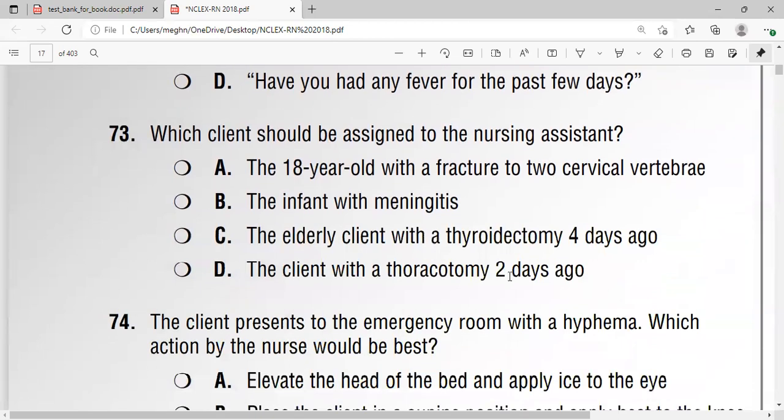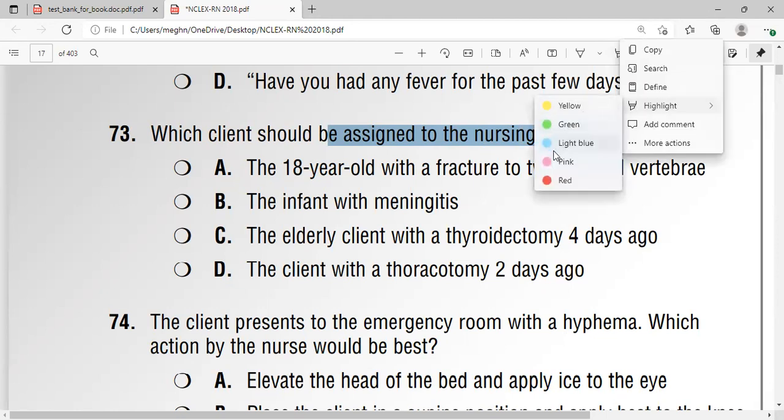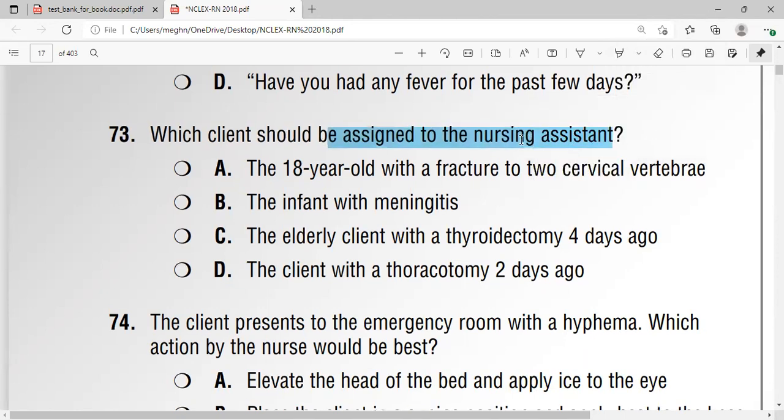Next, which client should be assigned to the nursing assistant? So you have to know what the functional role is for a CNA or UAP or nursing assistant. A, an 18 years old with a fracture to two cervical vertebrae.